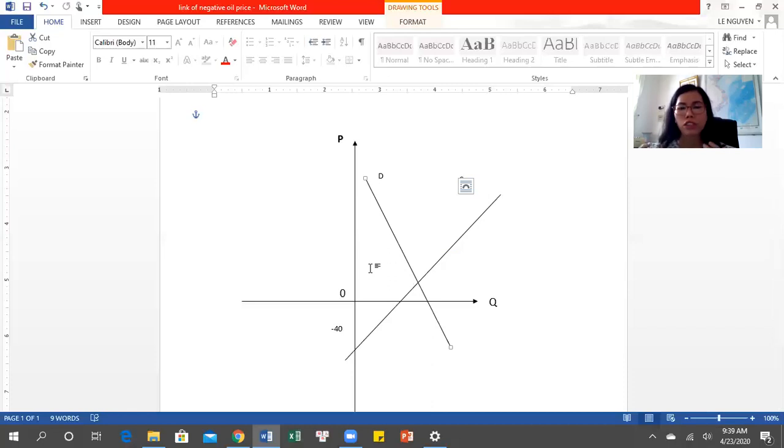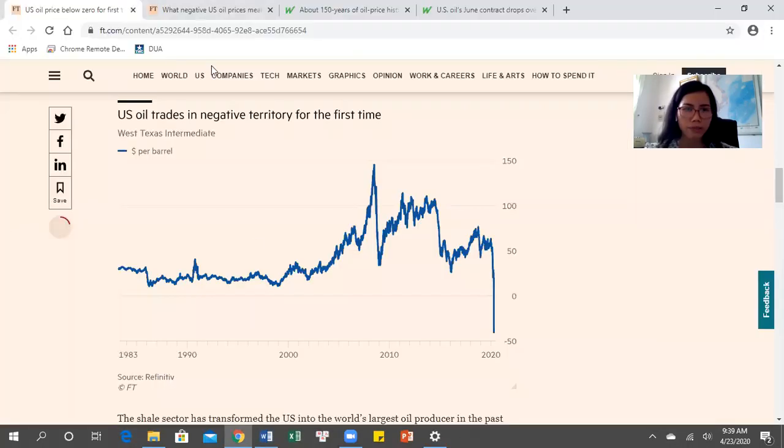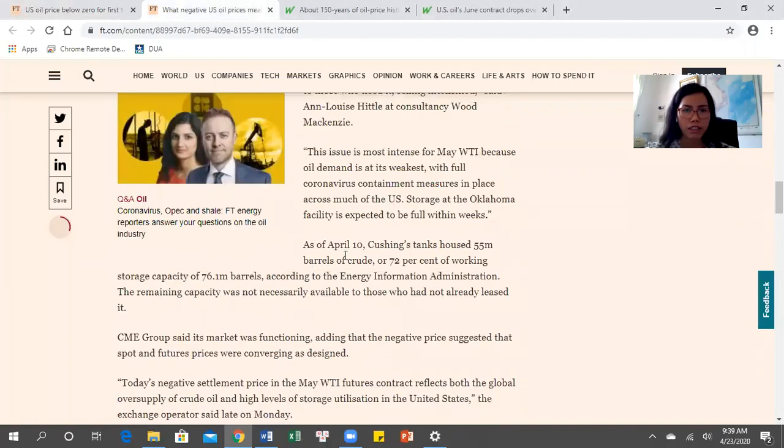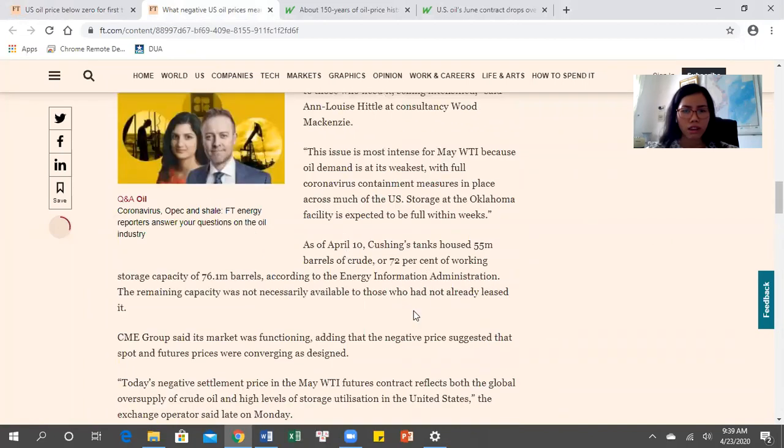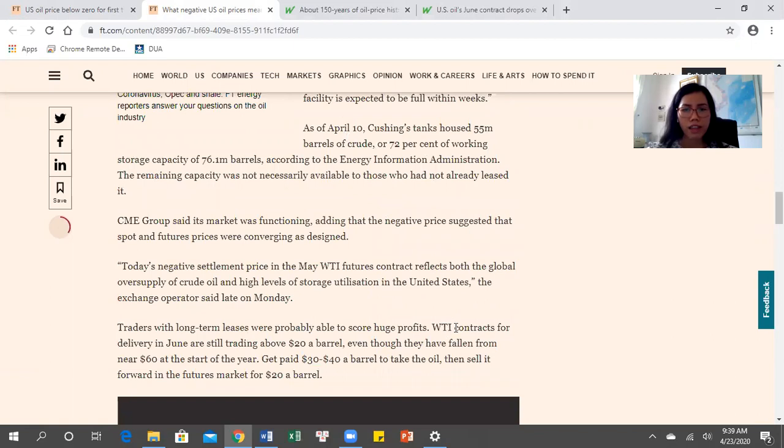And now, how to explain it in practice? How does it make sense? If you check the Financial Times website, they say the contracts for delivery in June, now it's just April, are still trading above $20 a barrel.